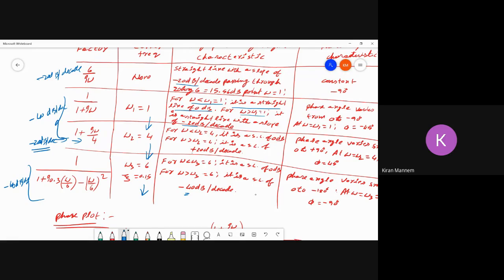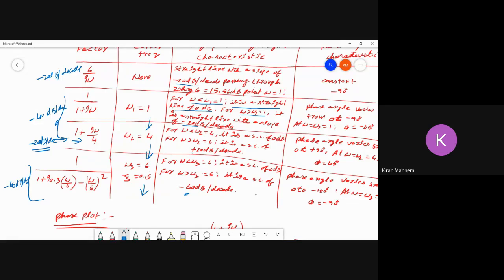The next corner frequency here is omega equal to 1. So till that point, it is minus 20 dB per decade. But what is happening here? We added minus 20 dB per decade after omega 1 till the next corner frequency, that is 4. So it would be minus 40 dB per decade.